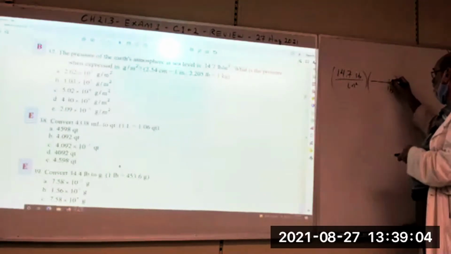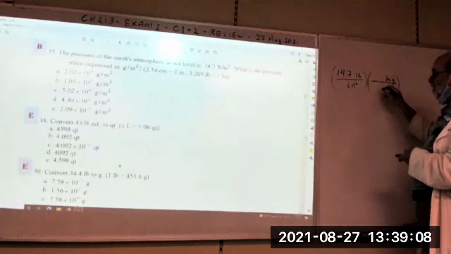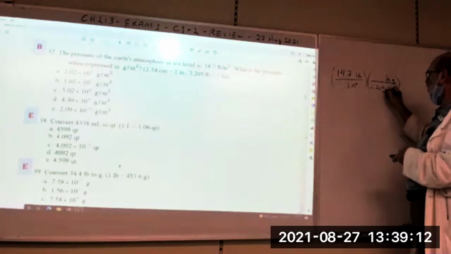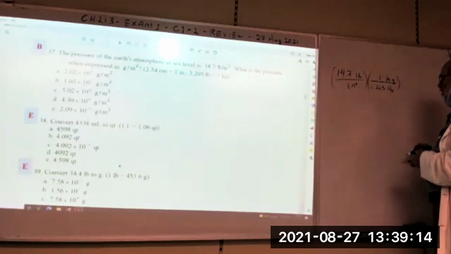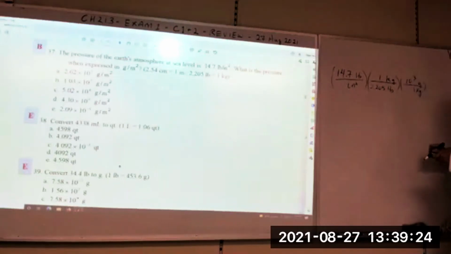Yeah, we can do that. All right. Get rid of the pounds. Now we got the kilograms. So what's the relationship? 2.205 pounds is 1 kilogram. Now we convert kilograms to grams. So it's 10 to the third grams is 1 kilogram. 1,000 grams in a kilogram.